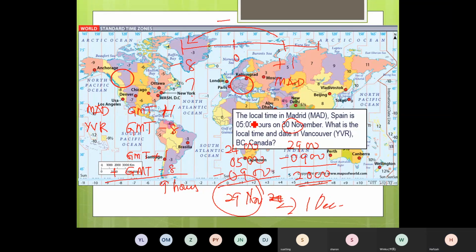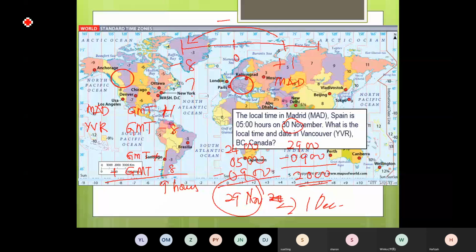Because the GMT is minus 9 hours. Then it becomes 29. If it were minus 1 hour only? No. 9 hours, yes, I know. But if you use that kind of reasoning, you say it is because of minus 9 hours. But what happens if it is just minus 5 hours? Then the date will also be different.